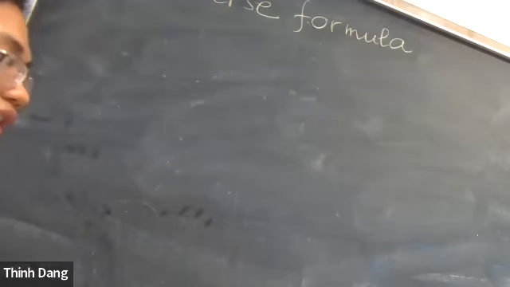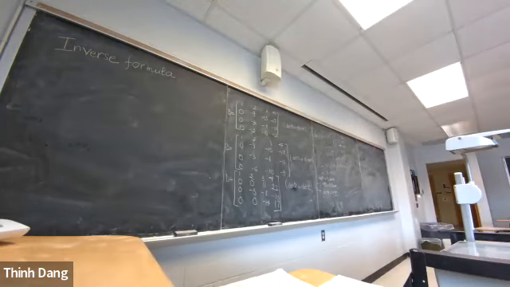Previously, last week, we talked about how to find the inverse of a matrix using the definition. Today, after we have learned about the determinant of a square matrix, we can find the inverse in another way, using the determinant.